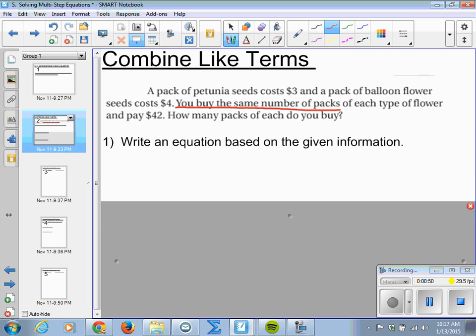Well, we know that petunia seeds cost $3, so the cost for any number of petunia seed packs would be 3 times x, and the balloon flower seeds cost $4. And by the same number as the petunia packs, so it's 4x, and altogether we pay $42. So there's our equation.